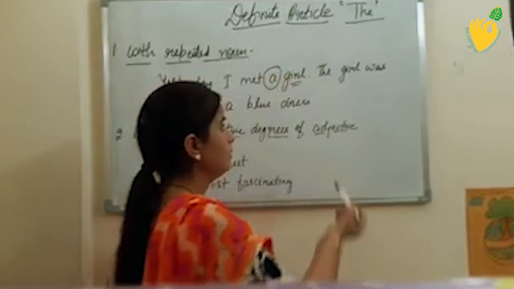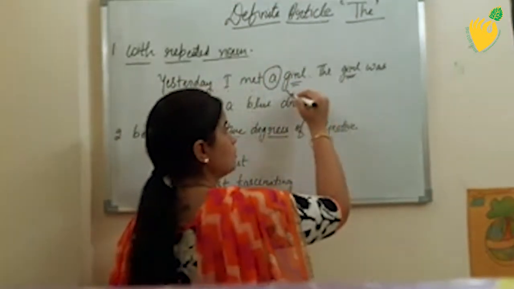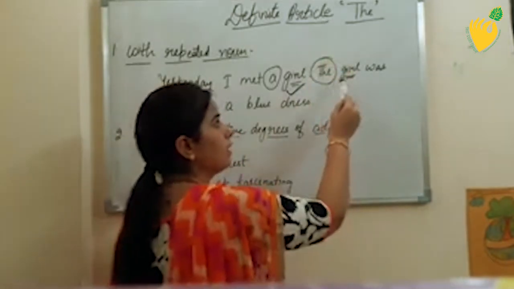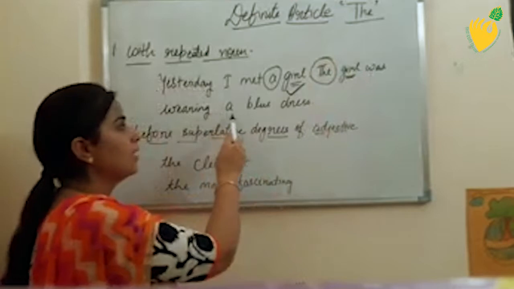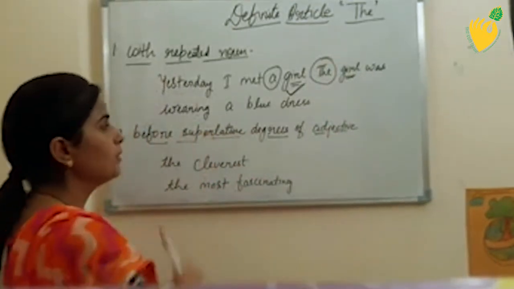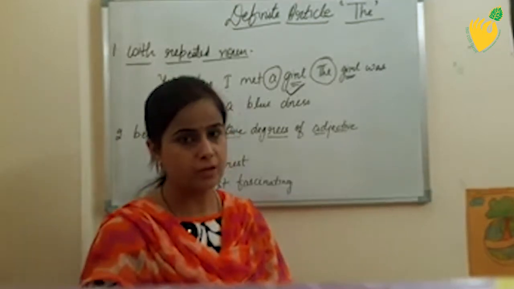But in the next line, now we know that we are talking about this particular girl. So here I have used the. The girl was wearing a blue dress. Next, we also use the before superlative degrees of adjectives.